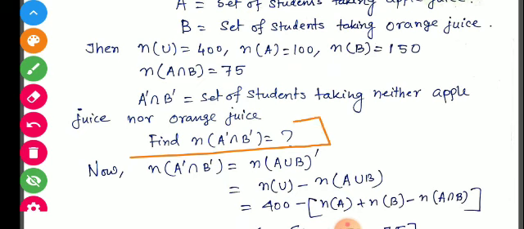So now find the number of elements of neither apple nor orange.